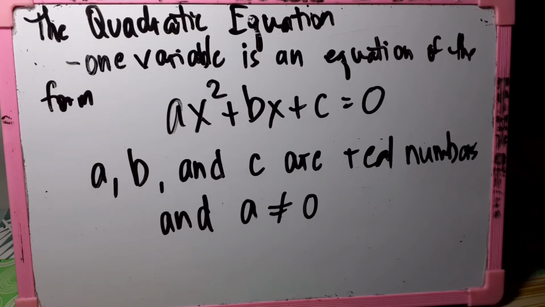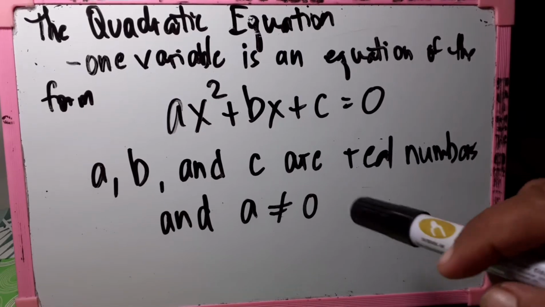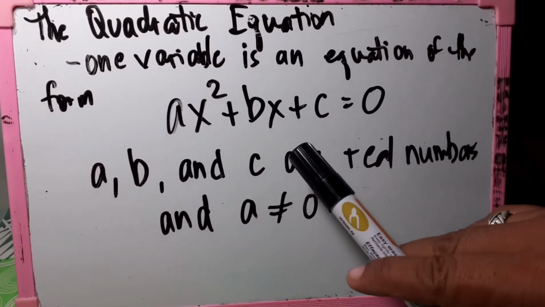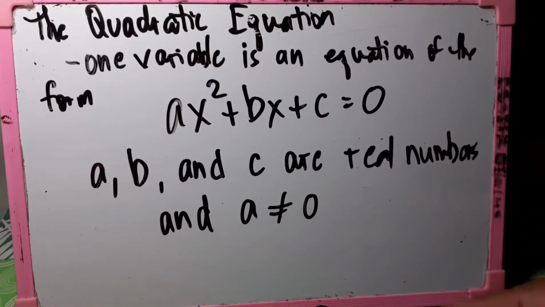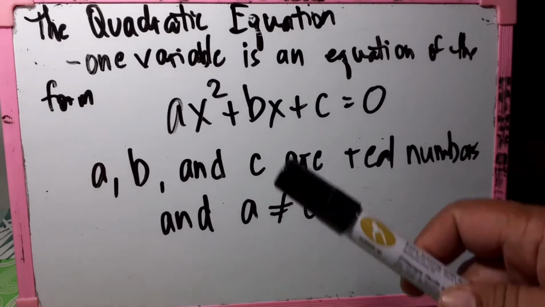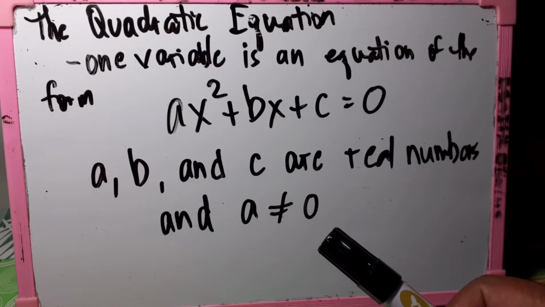Why must A not be equal to 0? Because if A is equal to 0, then your equation will become a linear equation. The highest exponent of a linear equation is 1.